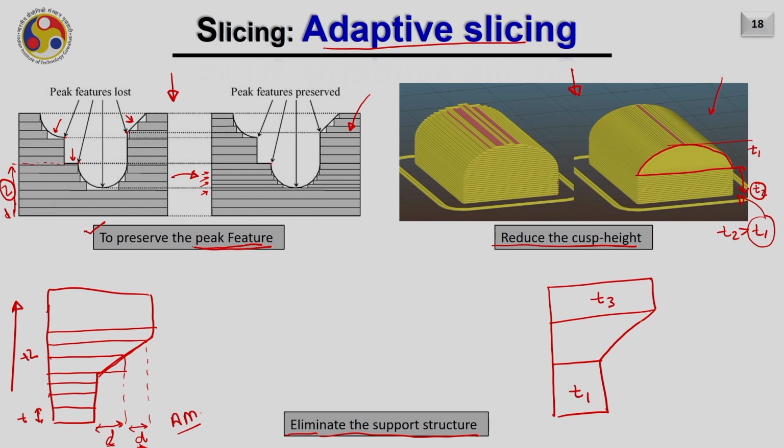While in this zone where there is an overhanging feature and the additive manufacturing process can sustain a certain amount, maybe D1 amount of overhang, and that is very small, only this much. Then let me project these lines here and you will be able to see. Now this will be my layer thickness in this zone. Hence, now you can see we are able to eliminate the support structure just by changing the layer thickness appropriately in some zones.